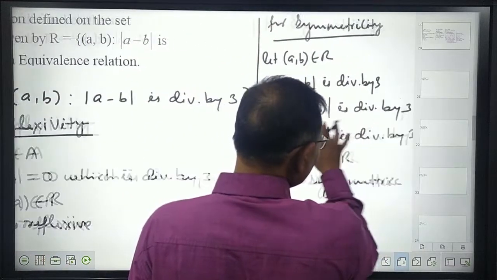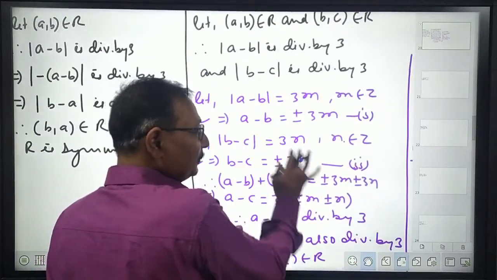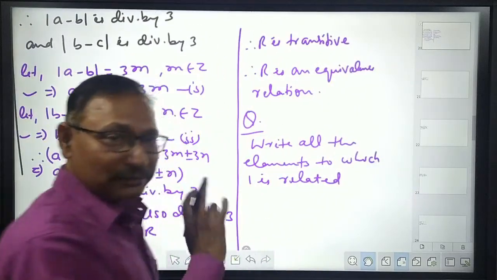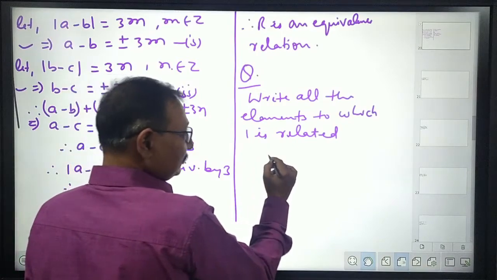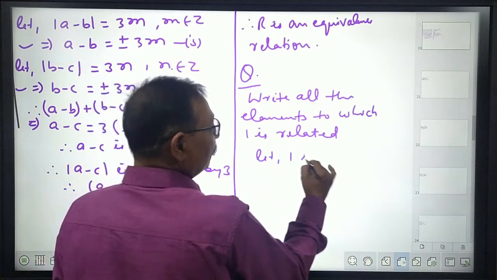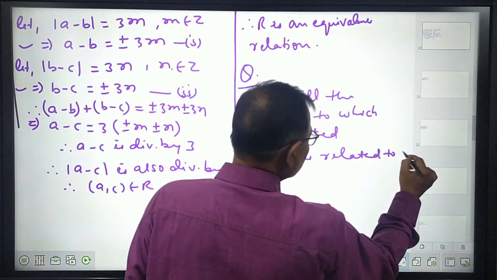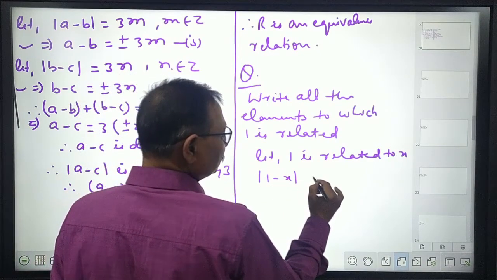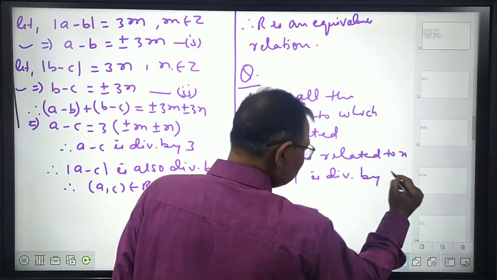Only those numbers whose difference from 1 is divisible by 3 will be paired with 1. So suppose that 1 is related to x. That means modulus of 1 minus x must be divisible by 3.